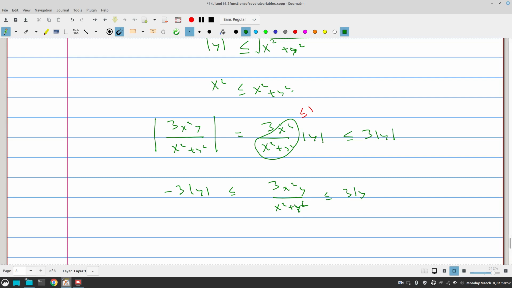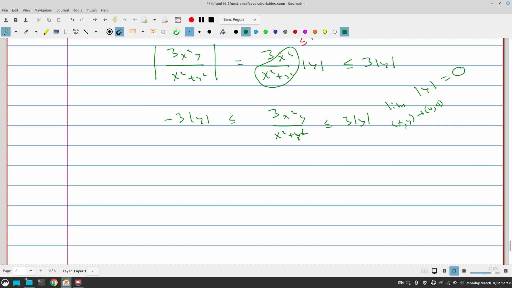But then the limit as x, y goes to 0, 0 of the modulus of y is 0, and the same can be said for minus y. So you take the limit of this as x, y goes to 0, 0 and get 0.